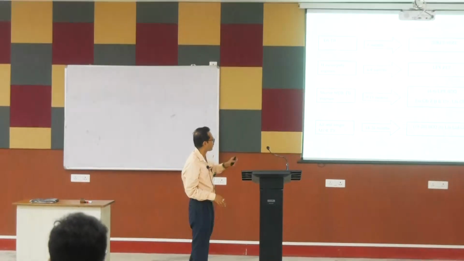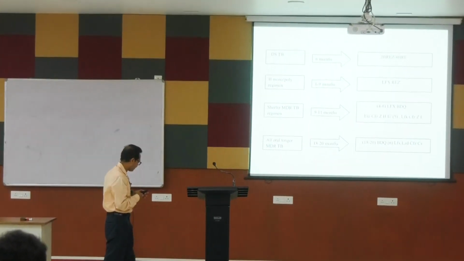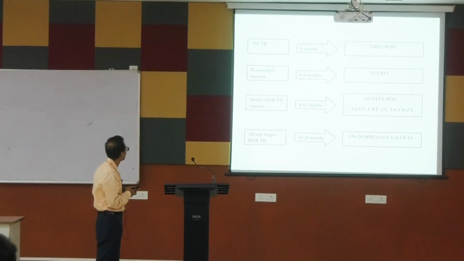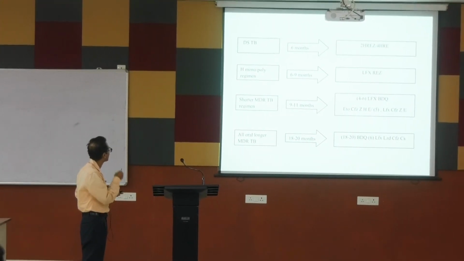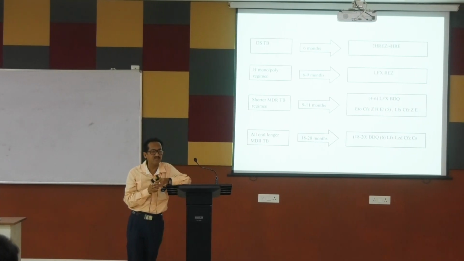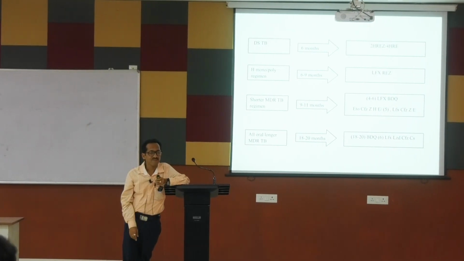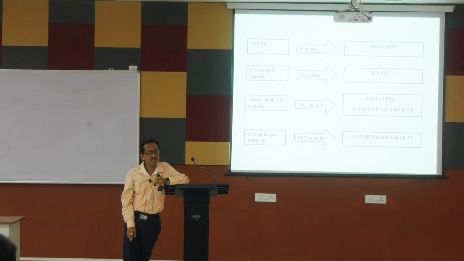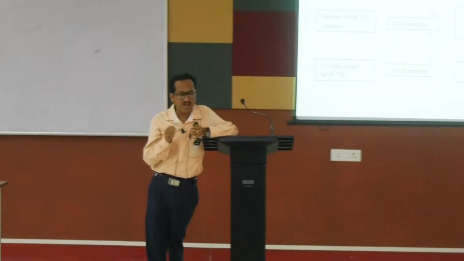Now this is the treatment protocol. Have you read anti-tubercular drugs in pharmacology? Not yet. So what is the common regimen for drug sensitive TB, which is not resistant to anything? What is the duration of treatment?